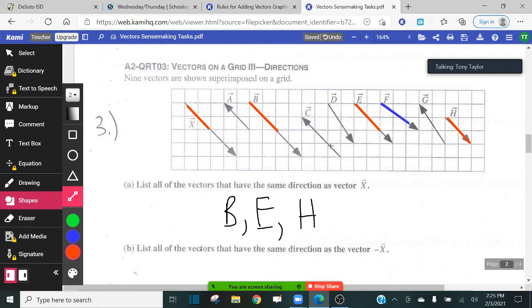No. So notice if you look closely, F does not have the same slope as B, E, and H. It's not as slanted. It's slightly upward. B, E, and H have a greater slope. So it's not F. That's why you gotta look carefully. Okay, makes sense.